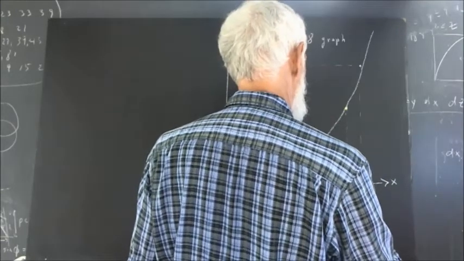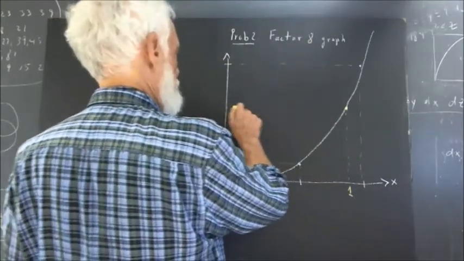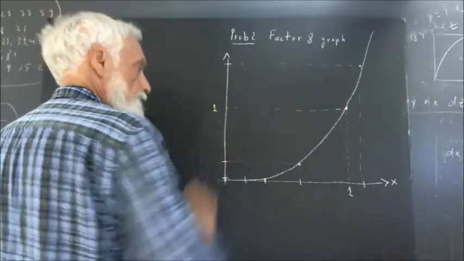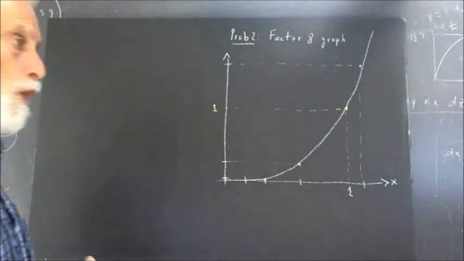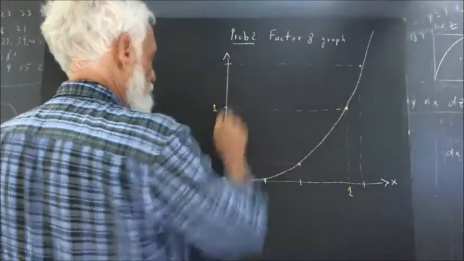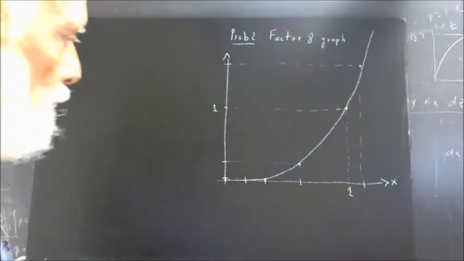So here would be x equals 1, and here would be y equals 1. Okay, because the instruction said pick a point and label it 1, 1. Don't think I located that particularly well, but that's okay.